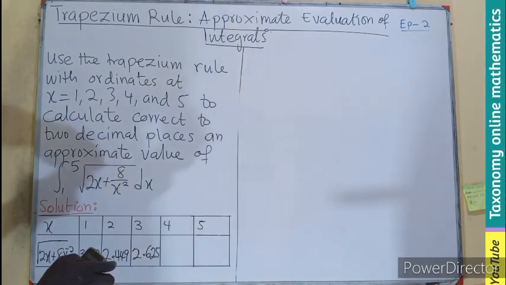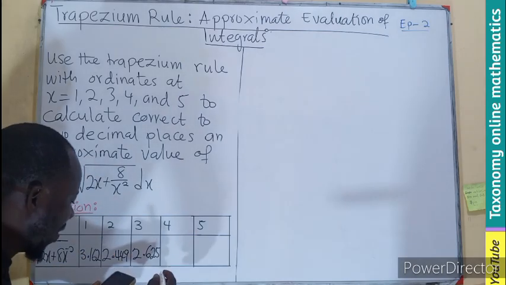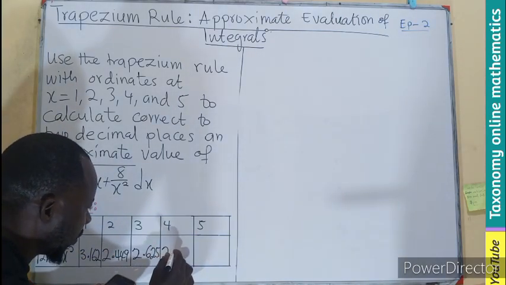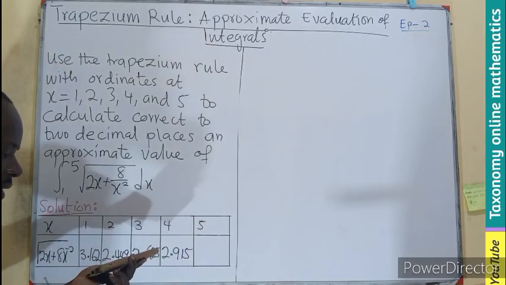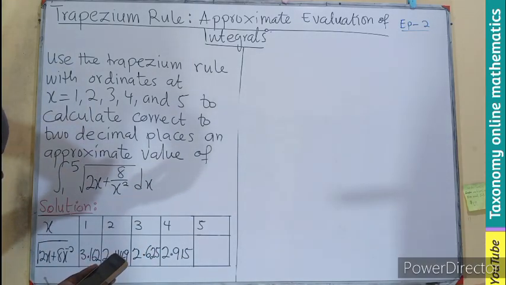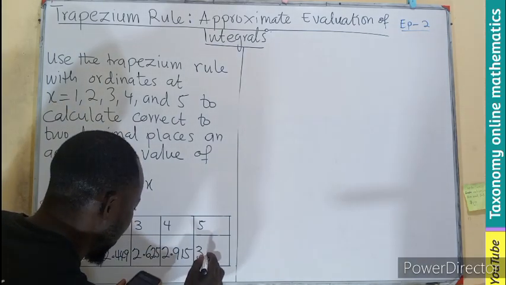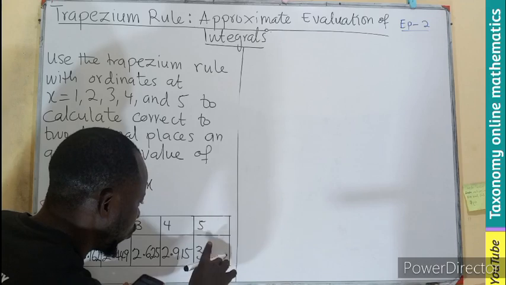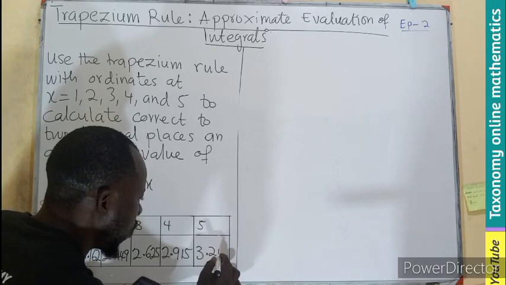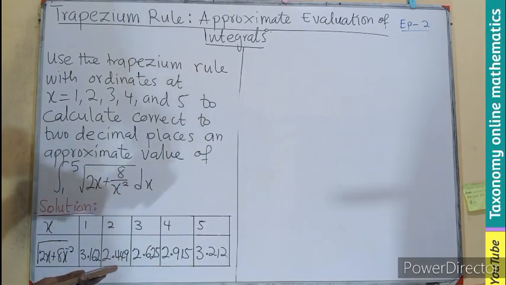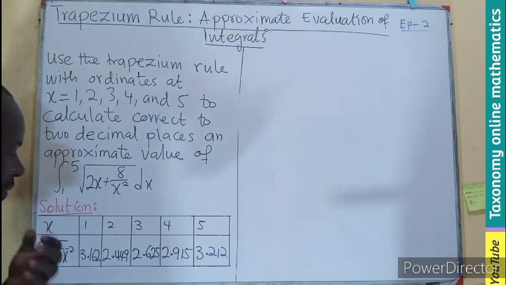Then for the fourth one, you will be having 2.915. Then the final one, you have 3.212. All right, so this is what we are going to have.